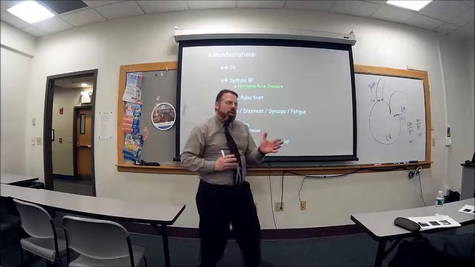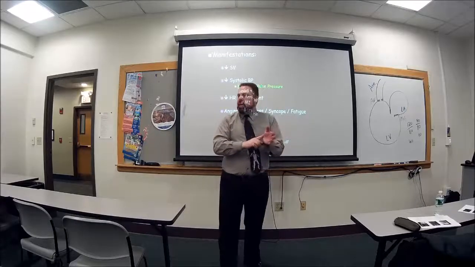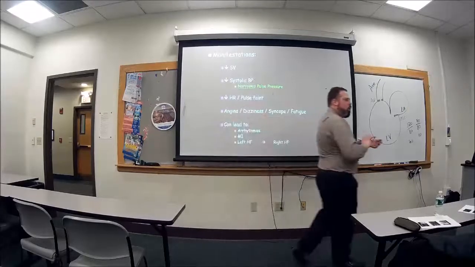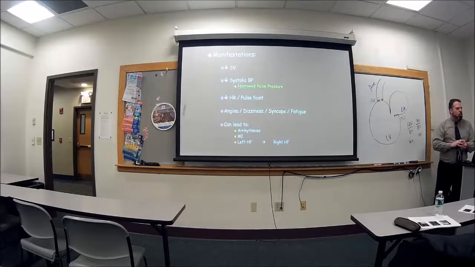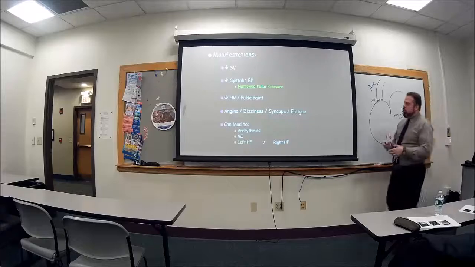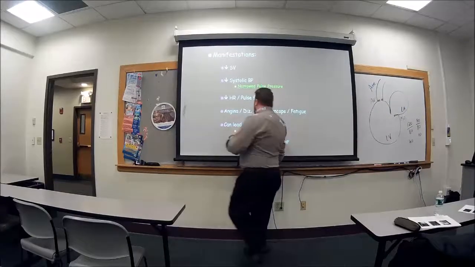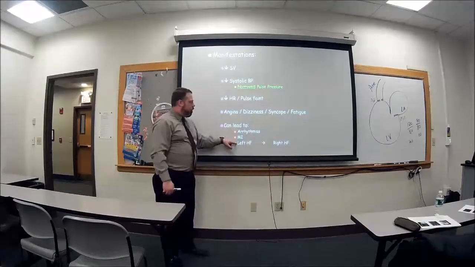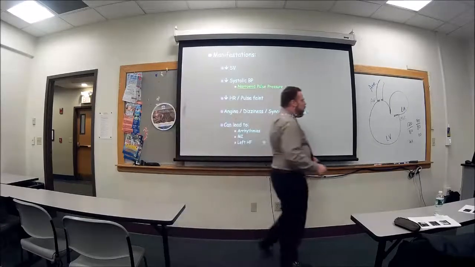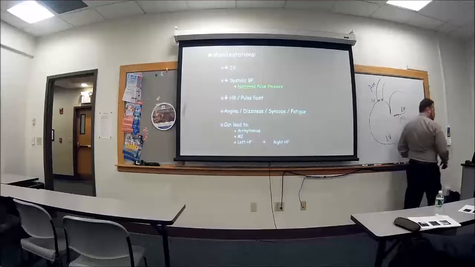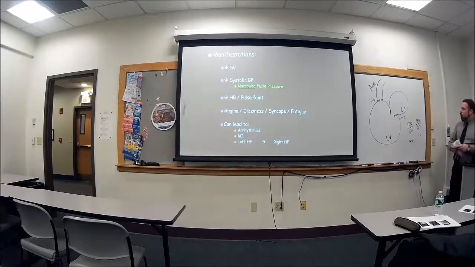I wouldn't say pulseless, but it's going to be difficult to feel the pulse, whether here or wherever you're feeling it. Okay? And the heart rate will decrease also. They get angina, dizziness, and so forth. The same thing, it could lead to arrhythmias, myocardial infarction, which will lead to left heart failure and right heart failure, and so forth. Okay? Questions on that? That's aortic stenosis.